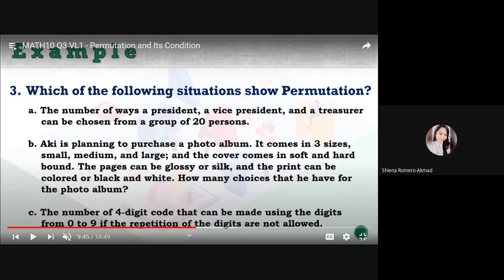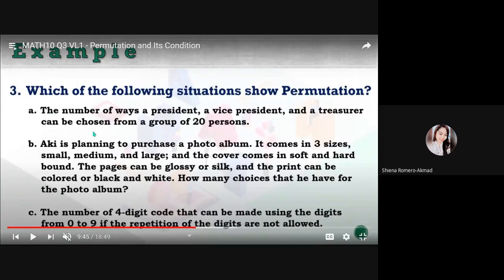Nobody is answering. So let us have letter A. The number of ways a president, a vice president, and a treasurer can be chosen from a group of 20 persons. Do you think there is an involvement of arrangement here? By the way, when we say permutation, it has something to do with arrangement. Arrangement matters. The order matters. Do you think the order matters in this situation?